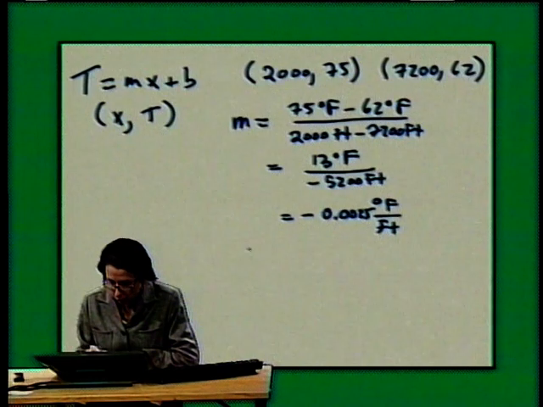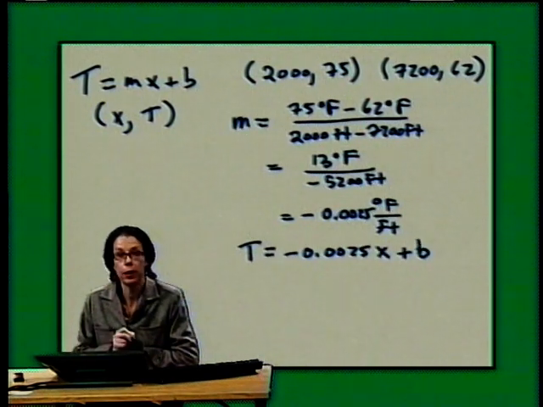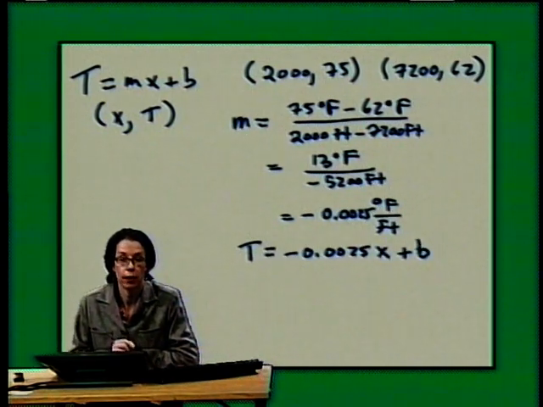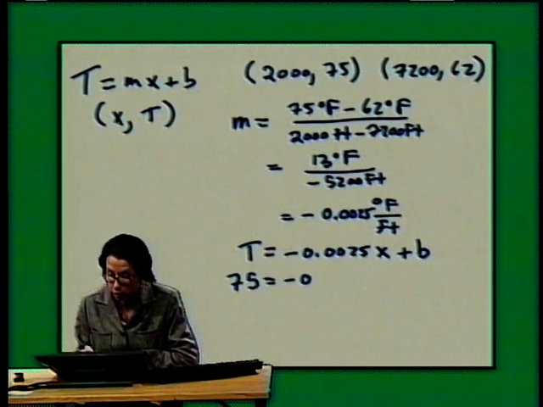So now I know that T equals negative 0.0025x plus b. I'm going to use one of my data points to determine the value of b. I'm going to use the point (2,000, 75), so when the temperature is 75 degrees at an altitude of 2,000 feet.